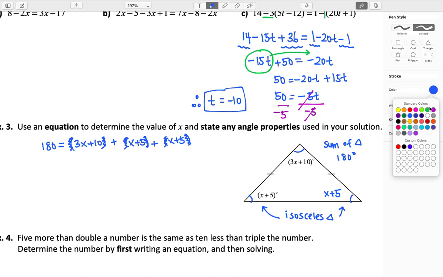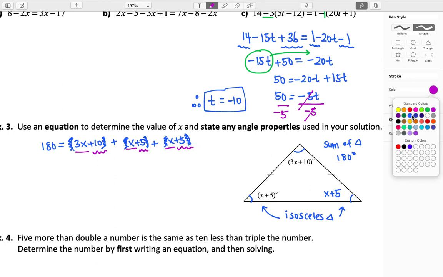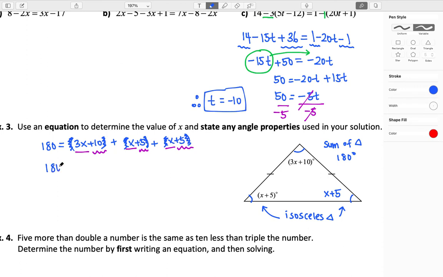Instead, we are going to collect the like terms: x and x, 10, 5, and 5. So on my right side, 3 plus 1 plus 1 will give me 5x, and then 10 plus 5 plus 5 will give me 20.